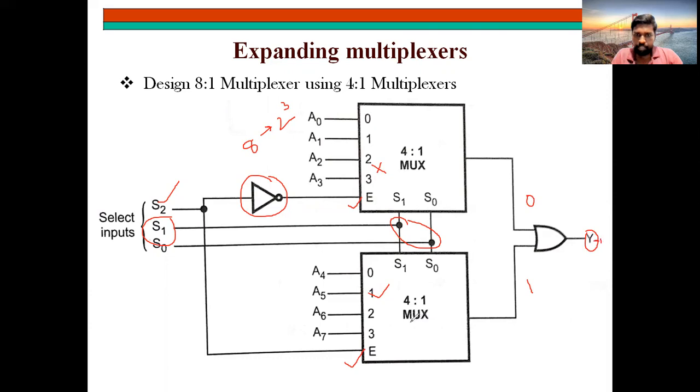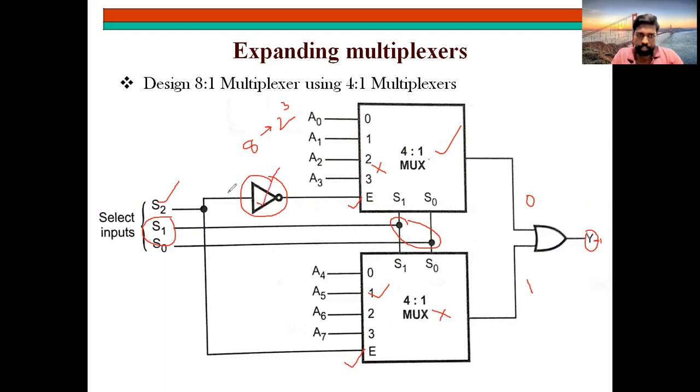That means if the second multiplexer is in on state, this should be in off state. If the first multiplexer is in on state, this should be off. That means the operation should be like a zigzag operation. If the first one is on, the second one should be off. If the second one is on, the first one should be off. So please add an inverter.